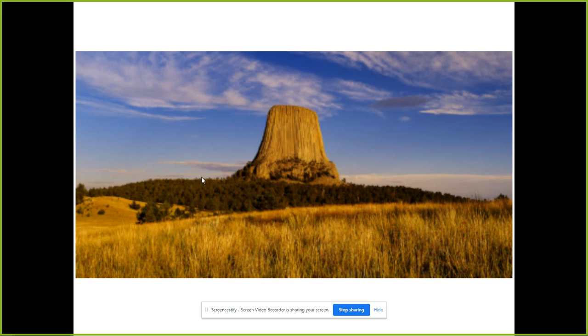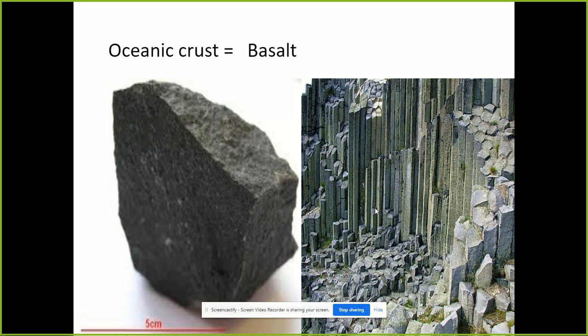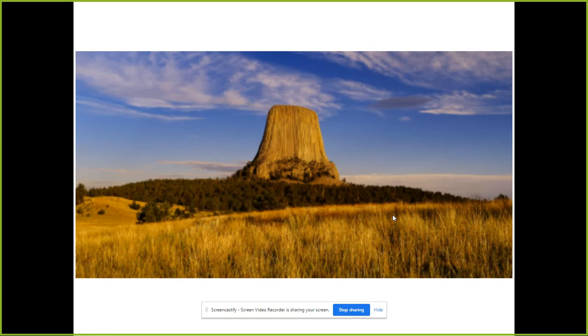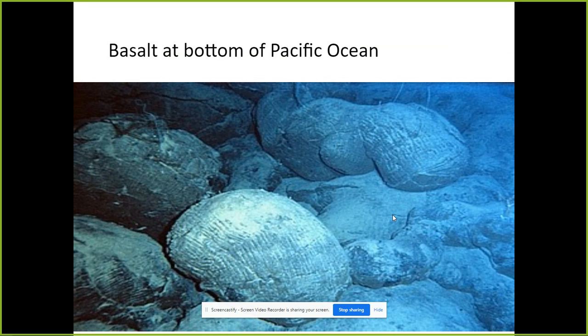Millions of years ago, lava squeezed up into a volcano, and then the land around it eroded, leaving the inside cone of the volcano. And this is a close-up picture of it. Pretty cool. I actually went there, and I think I have a picture of me standing next to this in another presentation.